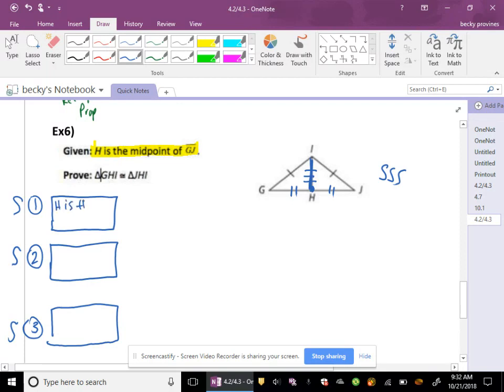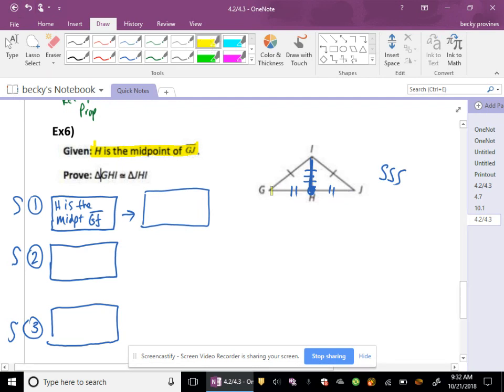H is the midpoint of GJ. Now, am I finished with this step? Do you see any congruency symbols at all? And hopefully you're saying no. So that means you have to move on. Because you see the word midpoint, that means the point's in the middle here. So what pieces are equal on this line?